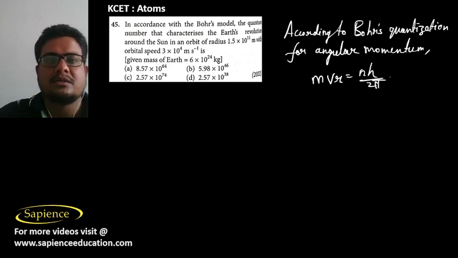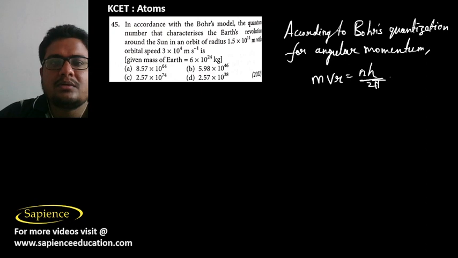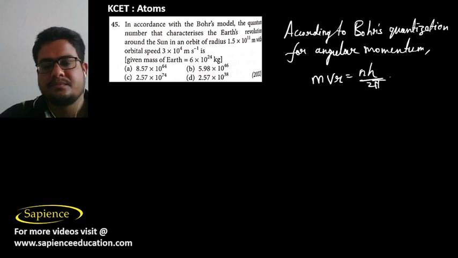So we have to find the quantum number of the Earth's orbit around the Sun. It means we have to find what is the orbit number for the Earth, if you consider it to be a Bohr's model.